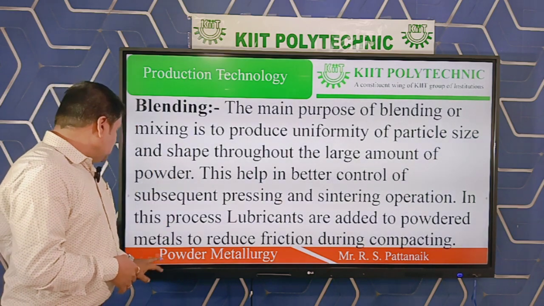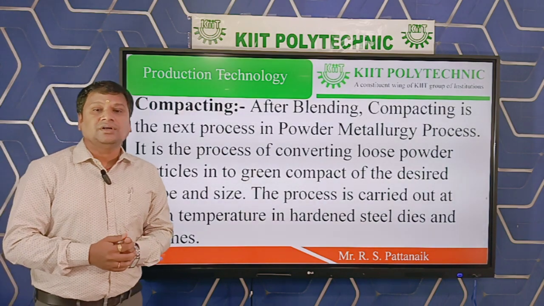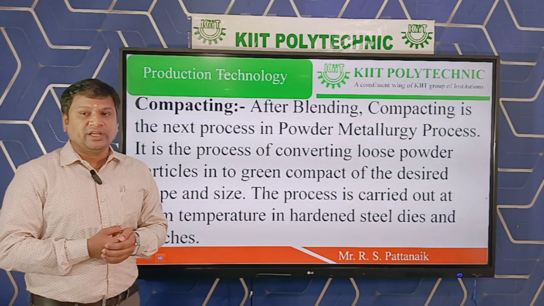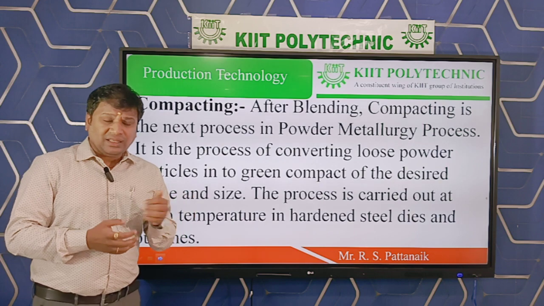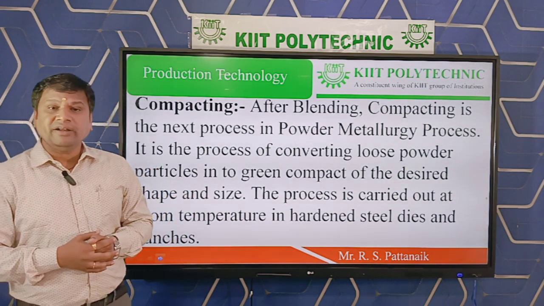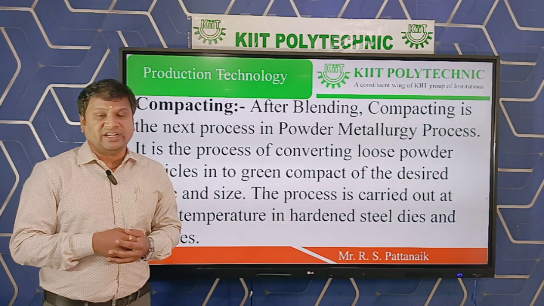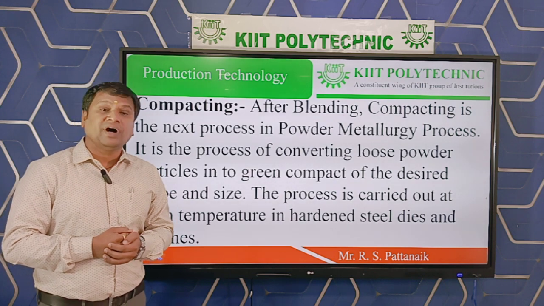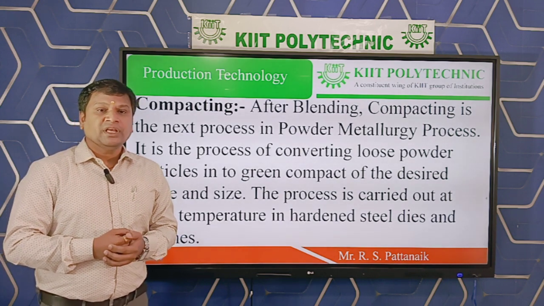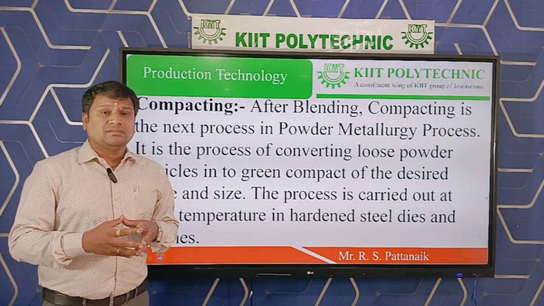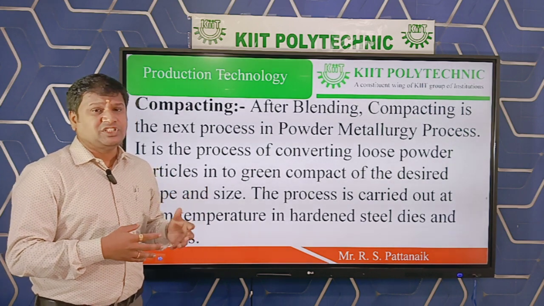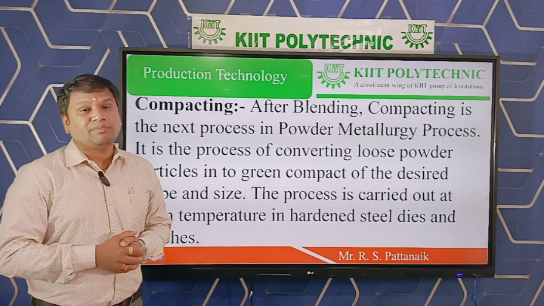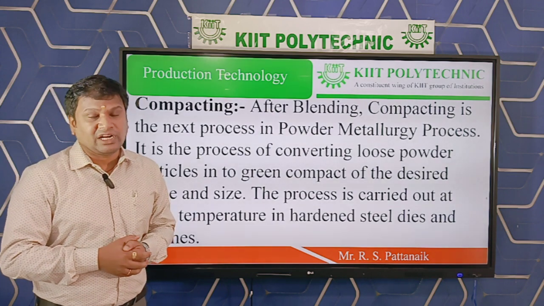Okay, so next step is the compacting, also called briquetting. In this step, the blended metal powders are compacted or compressed in a steel die of the desired shape of the parts to be produced. The pressure required for this compacting is generally 80 megapascal to 1600 megapascal.